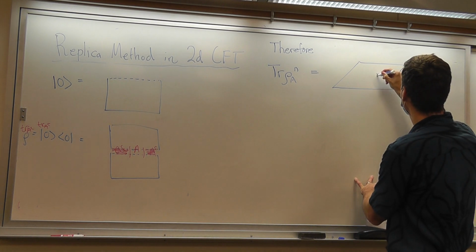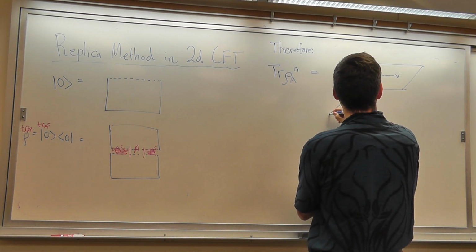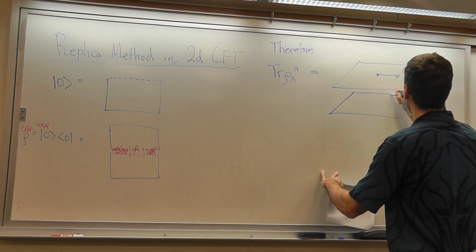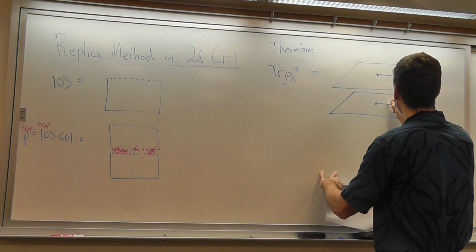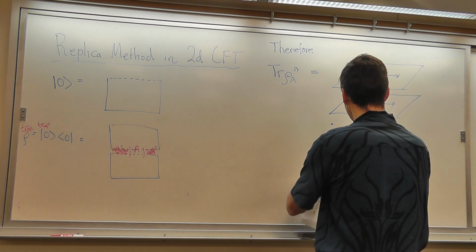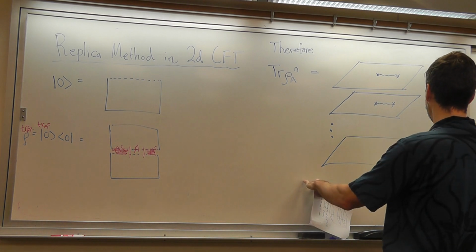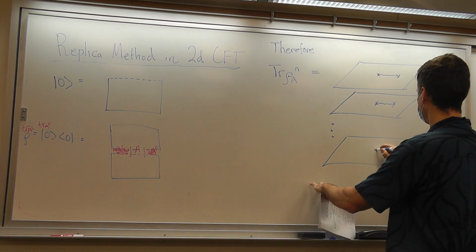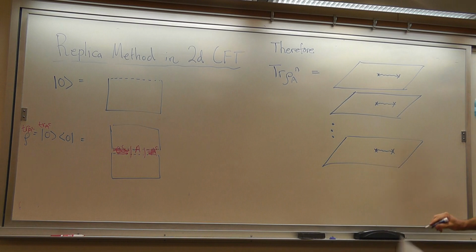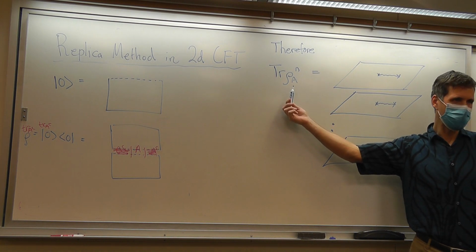So let me draw that this way. Okay, so that's n copies of rho A, but these are matrices, and we're multiplying these matrices.